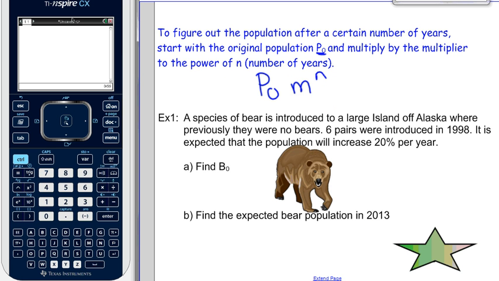Okay, example 1. We've got a species of bear introduced to a large island off Alaska where previously there were no bears. 6 pairs were introduced in 1998. It is expected the population will increase by 20% per year. We want to find B initial, which refers to the initial amount of bears.